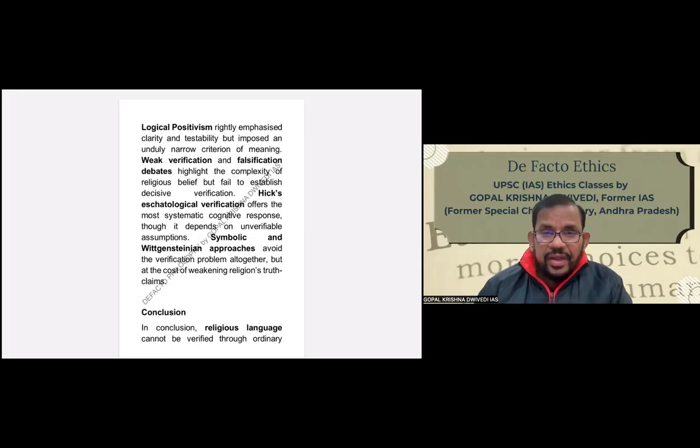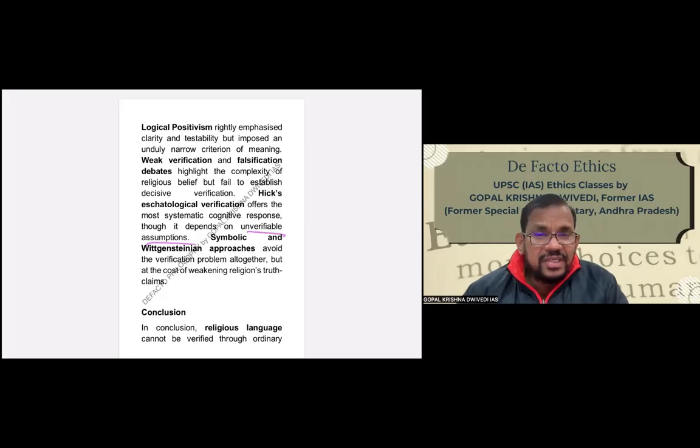Hick's theory of in-principle verification offers the most systematic cognitive response, though it also depends on unverifiable assumptions. This is again a problem.